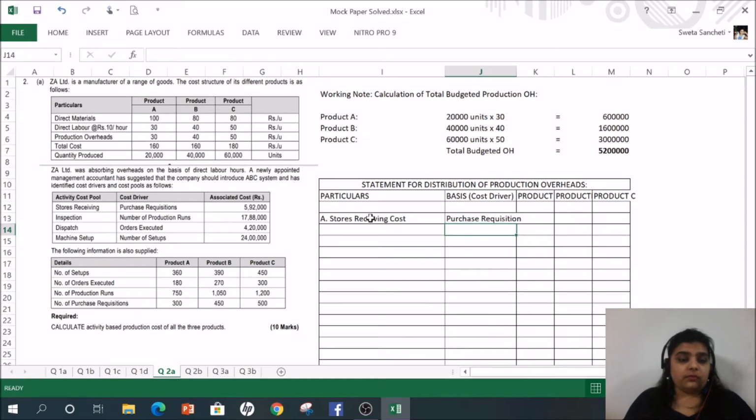Purchase requisition. What is the ratio given to us? The ratio given to us is 300 is to 450 is to 500. Total of 1250. And our total cost is, let us have one more column here, total. Our total cost is 5,92,000.